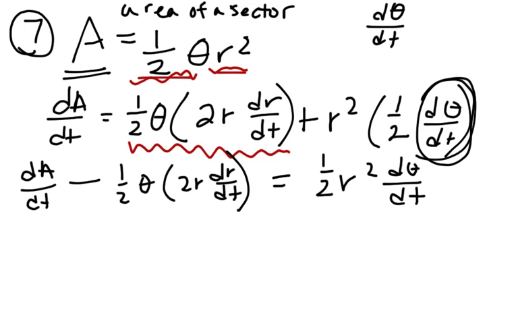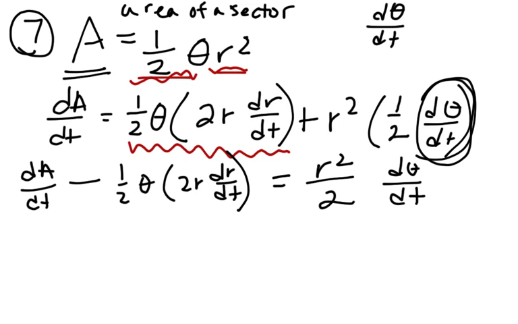Now, I can either divide both sides by 1/2 r squared, or I could multiply by the reciprocal. And if I want to multiply by the reciprocal, I actually might want to think of this right now as r squared over 2. So then when I flip that fraction, it's 2 over r squared.